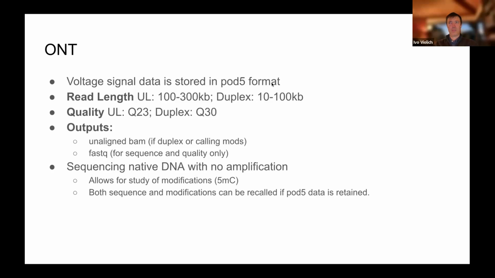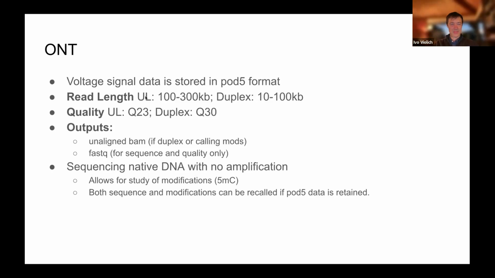And for HPRC, where the target is 30x coverage on 100 kilobase or more read length, we use 3 flow cells per sample, and sometimes 4. So that's 3 terabytes per sample that we're storing, for reasons that I'll go into.